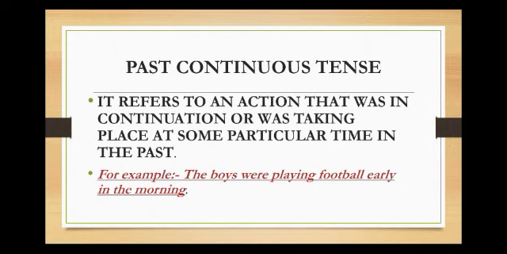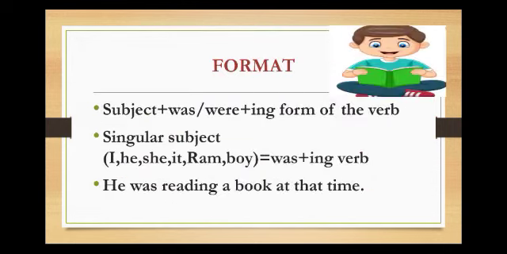Okay, got that? Good. Now let's discuss the format of this tense. Look at the format. First of all, we write down the subject. Then according to the subject, we select was and were. So we have two options of helping verbs, was and were.